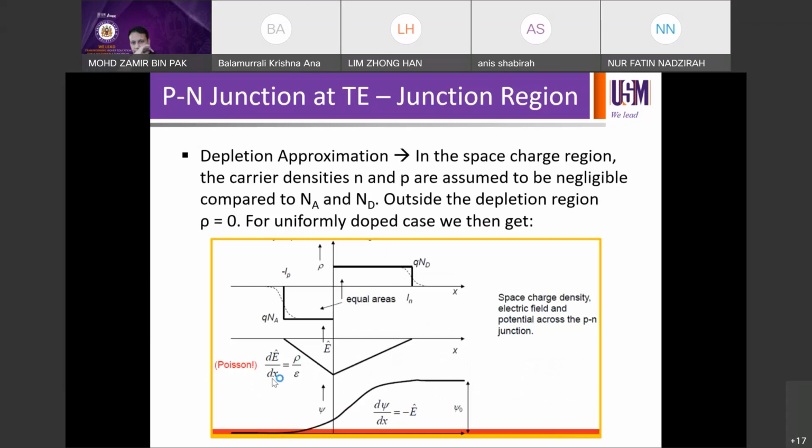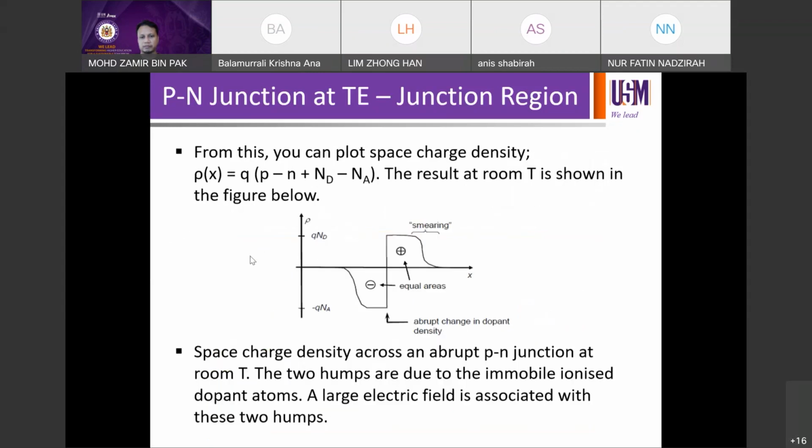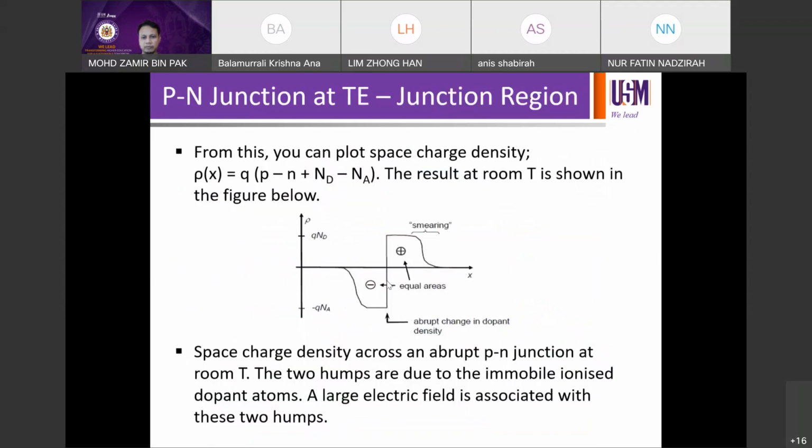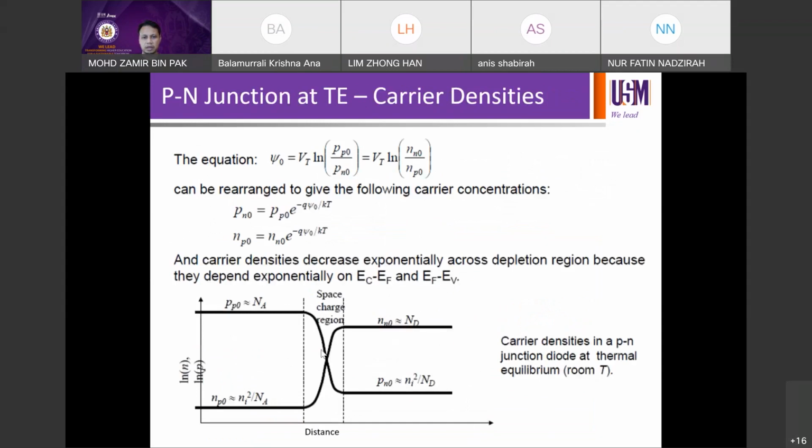Depletion approximation at a junction. In the space charge region, the carrier densities n and p are assumed to be negligible compared to Na and Nd. Outside the depletion region, the space charge is considered to be zero. So you only have fixed ion charges in this middle region, positive here on the right and negative here on the left.